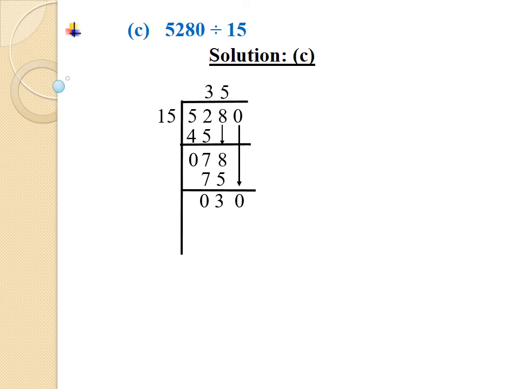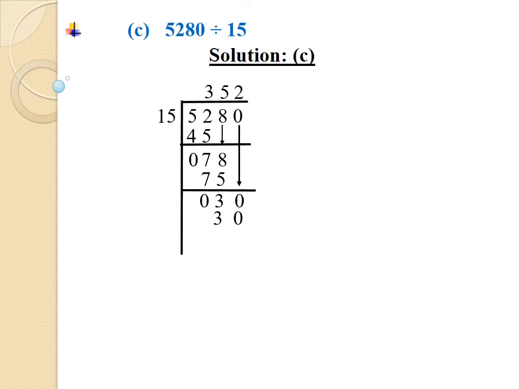Now again we have to say the table of 15 and we have to stop when we get 30 or more than 30. Students, we know that 15 twos are 30. So we have to take 30 and we have to write the second factor 2 in the quotient and product 30 below 30.